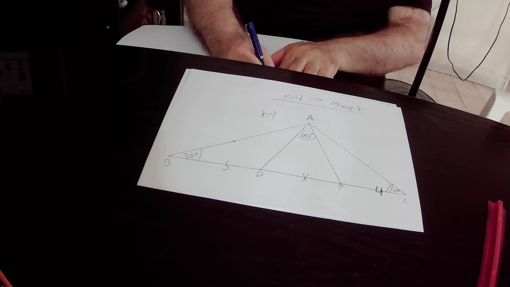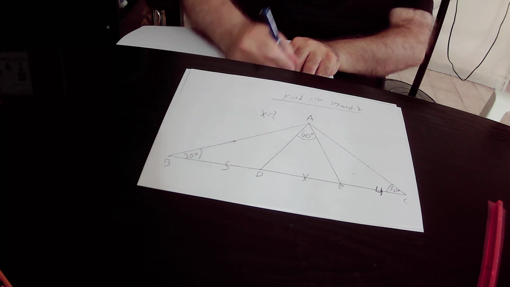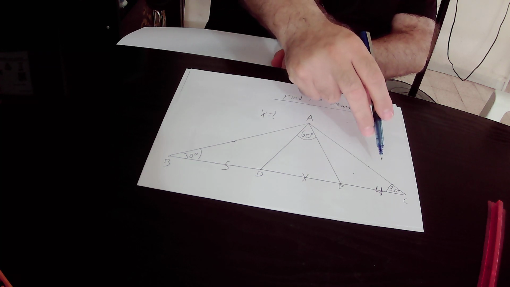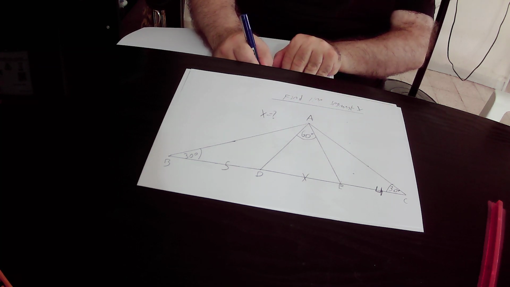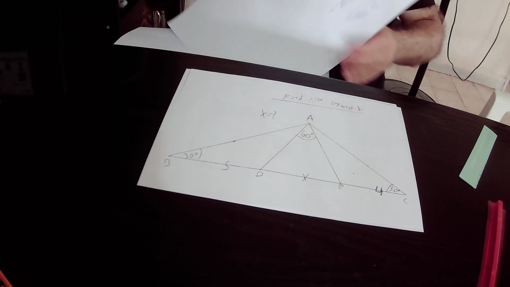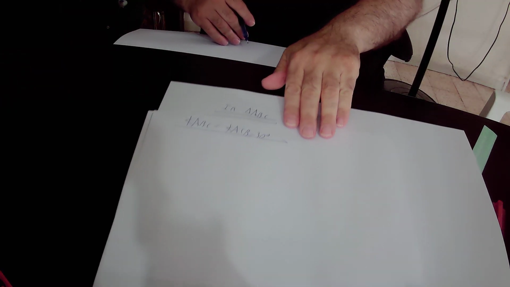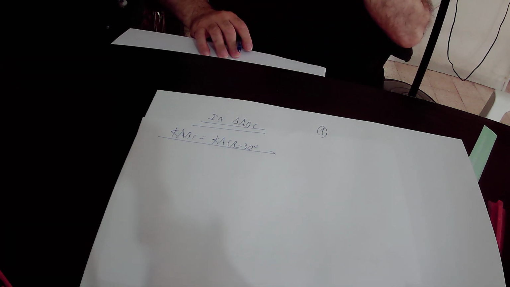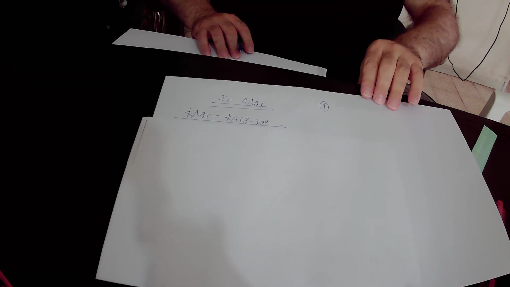In triangle ABC, angle ABC equals this angle, that is actually angle ACB, and both angles are equal to 30 degrees, therefore they are equal to each other.